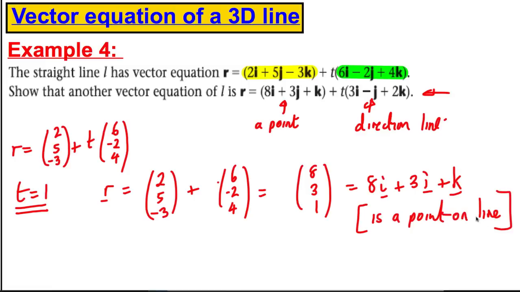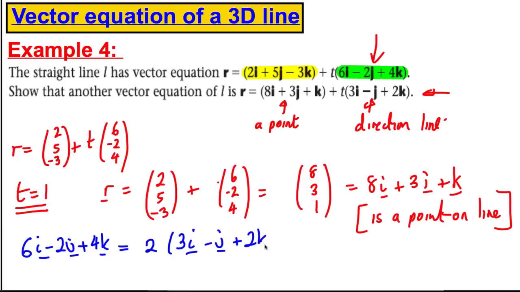Now all I've got to do then is check that this direction's right. Well, look, I know that 6i subtract 2j plus 4k, I know that's the direction of the line. If I factorise a 2 out, I would have 3i subtract j plus 2k.